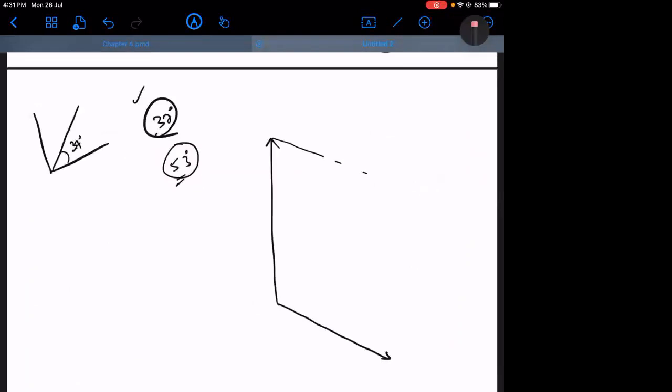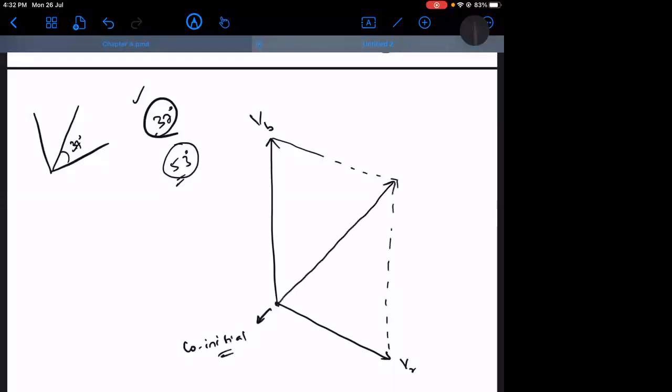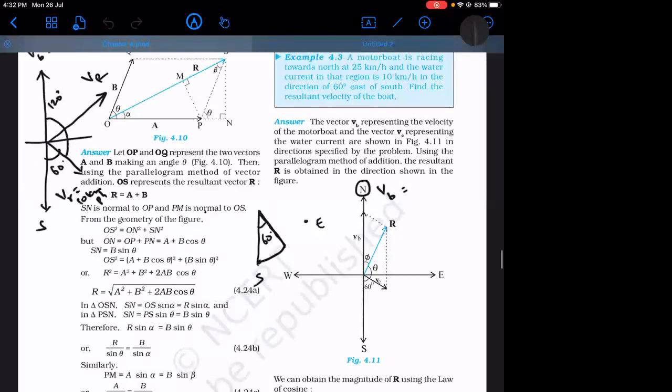So what does parallelogram law of vectors say? If there are two vectors, this VB, this VR, acting at a point, if you have the condition of co-initial vectors, then you can always apply the concept of parallelogram law of vectors. Am I clear with this? Yes, sir. Good. So now you guys know how to calculate it, right?